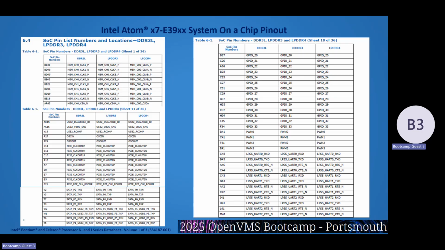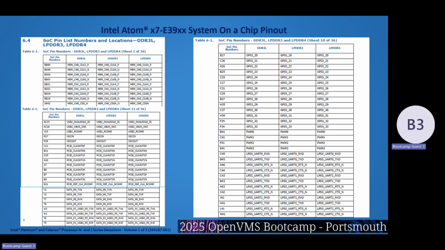This is a small piece of the 32-page table that describes the pinout for this chip. So here are the pins for the memory controller that is in that chip.